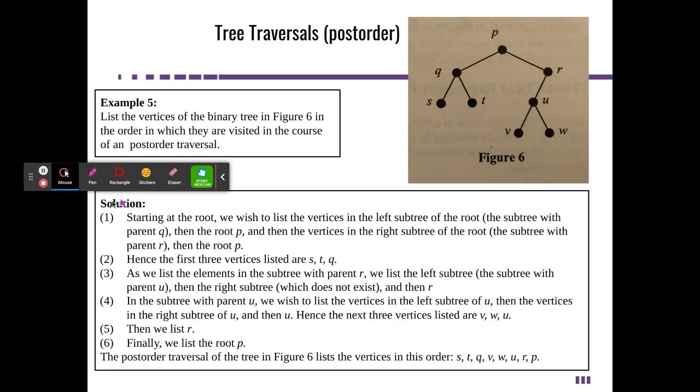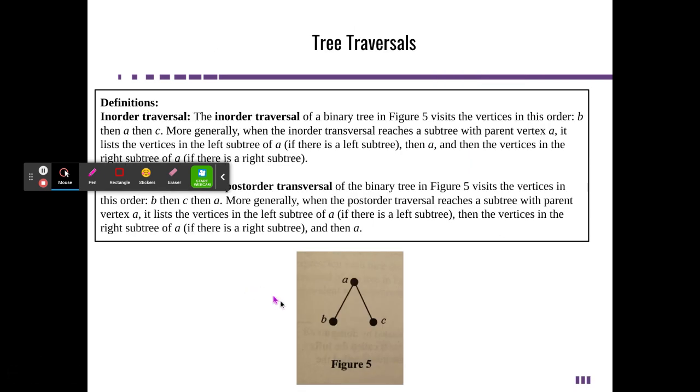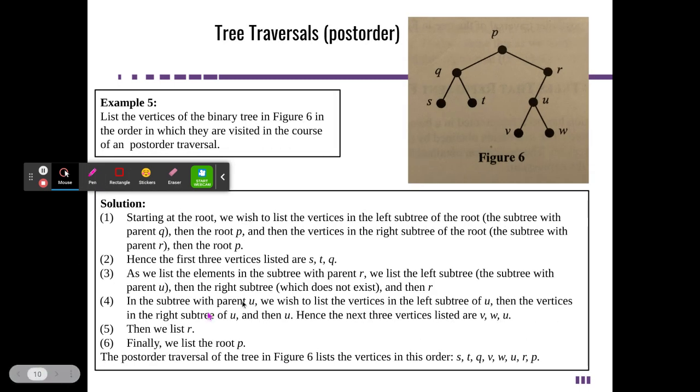All right, so post order. To refresh our memory, we would do the left subtree, right subtree, and then the vertex. So when we find the vertices of this one, we've got left subtree. First of all, let me back up.